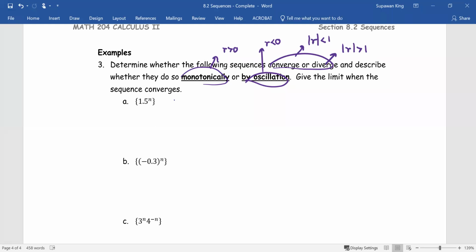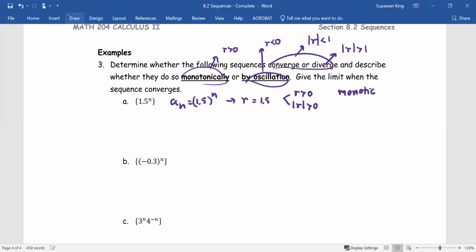For this case, we have a_n equals 1.5 to the power n, or we can say the ratio r equals 1.5, which means r is positive. If r is positive, it's monotonic behavior.